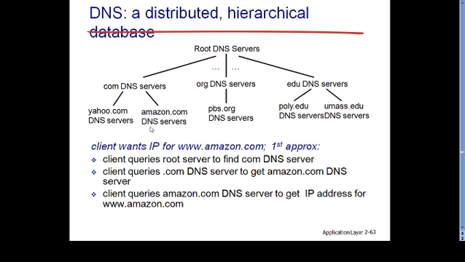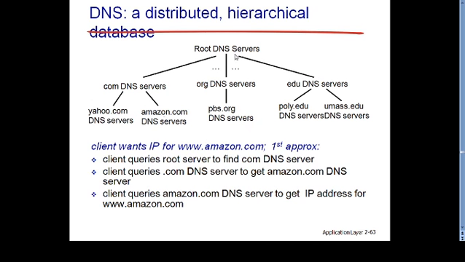Then you have the IP address of the authoritative DNS server, which keeps all the amazon.com web servers' IP addresses or mappings, and this server replies with the amazon.com server's IP address.